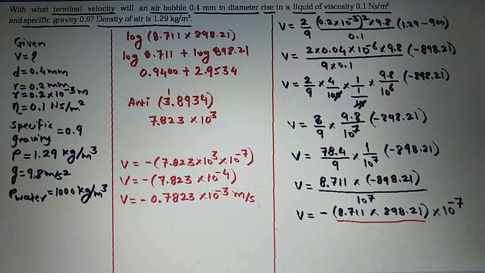So the terminal velocity of air bubble is equal to minus of 0.7823 into 10 raised to minus 3 meter per second, and this negative sign indicates that the air bubble rises up.